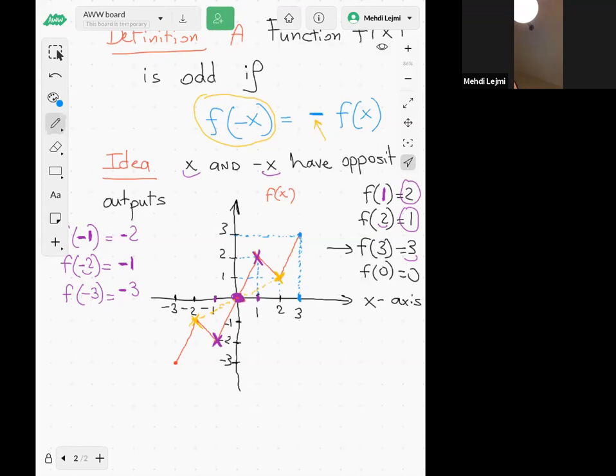So I was saying, odd functions are nice because they are symmetric about the origin. So that's why we are interested in these odd functions.